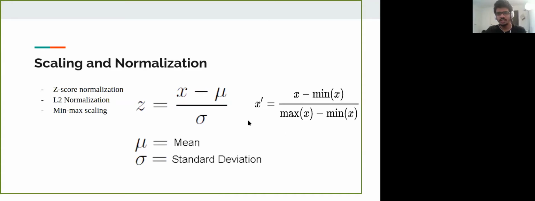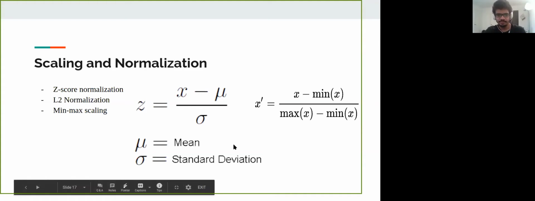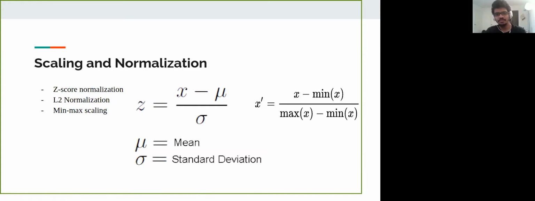We could use pre-trained libraries provided by sklearn or other libraries to do these things. We are basically trying to make the learning smoother, because when we scale and normalize the data, each feature would be in smaller ranges, and that would help in smoothing the gradient descent process.